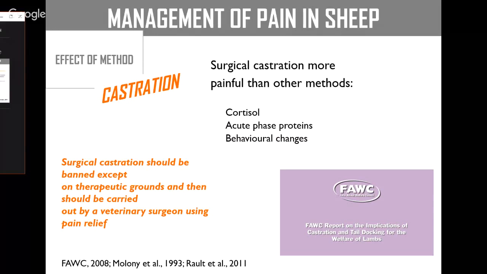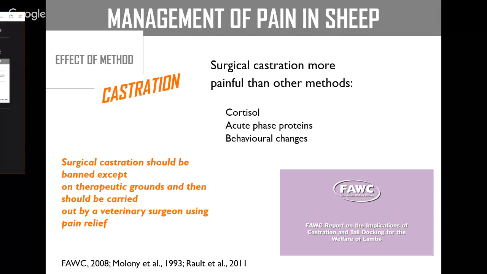So based on cortisol, on acute phase proteins, and on behavioral changes, it does seem that surgical castration is more painful than other methods. And probably this is the reason why the Farm Animal Welfare Council, in its report of 2008, recommends that surgical castration should be banned except on therapeutic grounds, and then should be done only by a veterinary surgeon using pain relief.